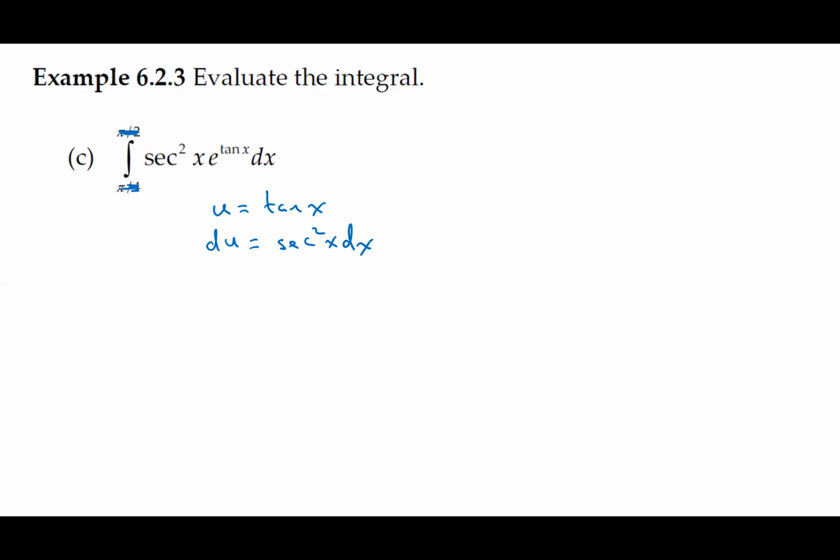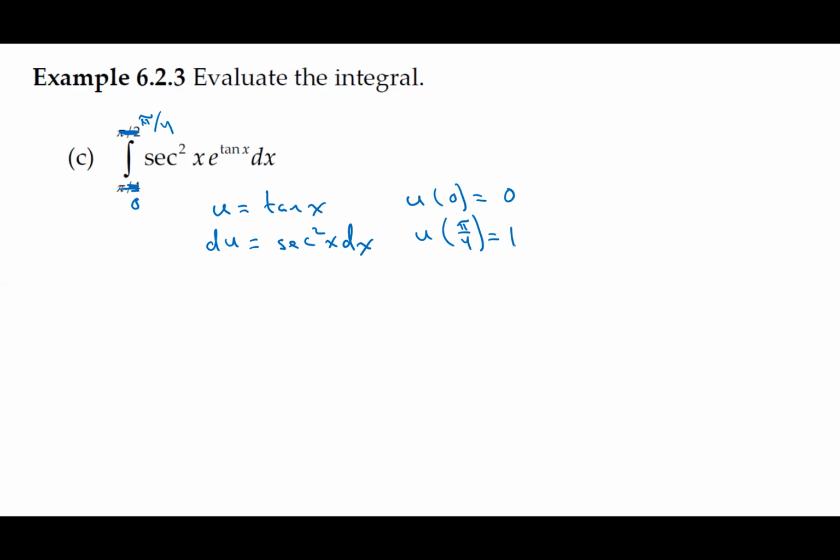I meant to make this 0 to pi fourths. I apologize. Pi halves is no good because tangent's not defined there. And so we're going to have u of 0 is 0, and u of pi fourths is 1.